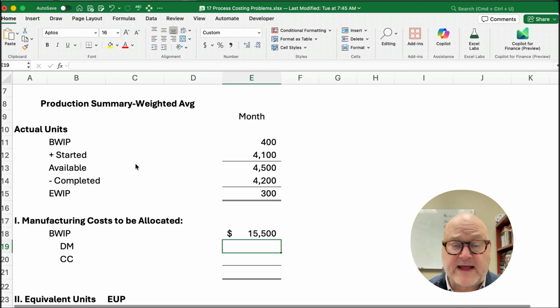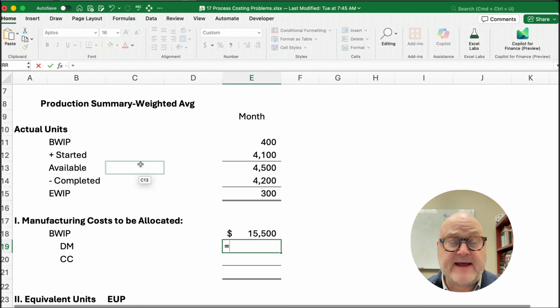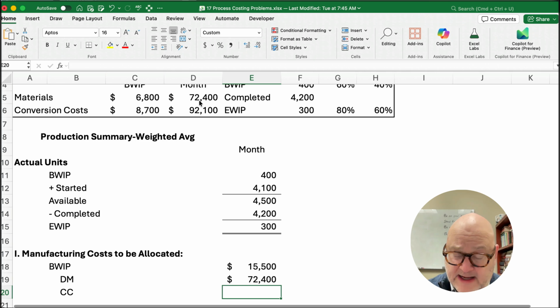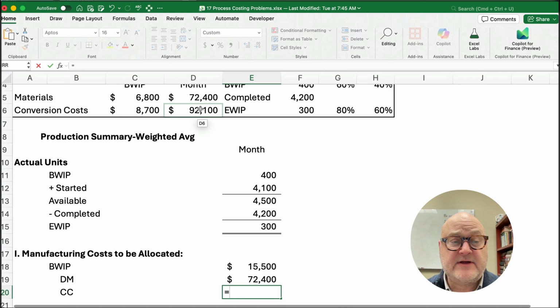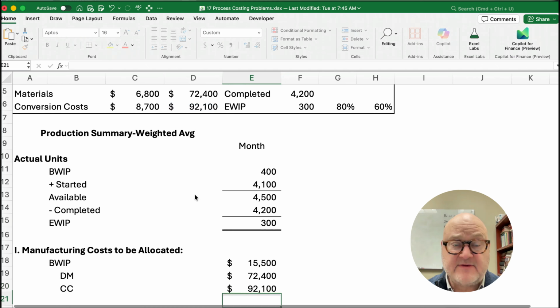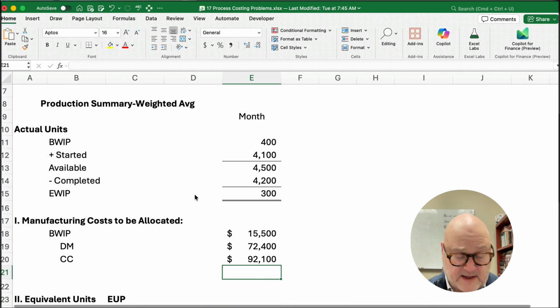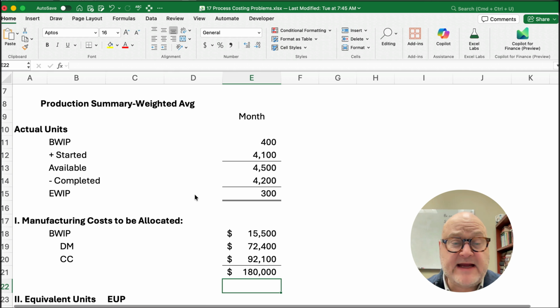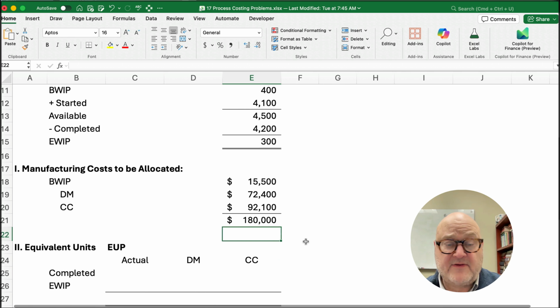And to that, we're going to add the cost this month, the cost to complete. We're going to add 72,400 and we're going to add 92,100 for the conversion cost. We're just taking the given cost and we're just adding this up. So there we go. We have, happens to be 180,000 even on this.